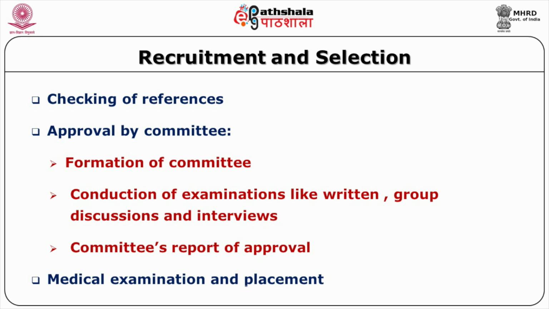So the placement is given to the candidate according to the requirement. If two posts are there, one in a western suburb and one in a central suburb, then the candidate's opinion is taken, and usually they prefer to give what the candidate wants.